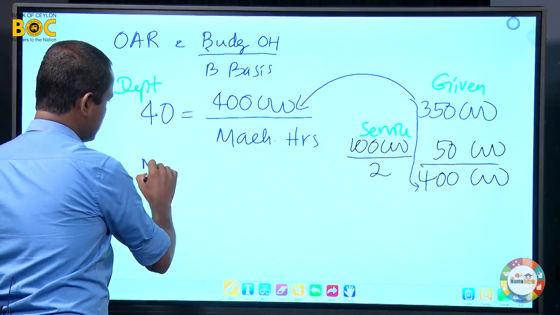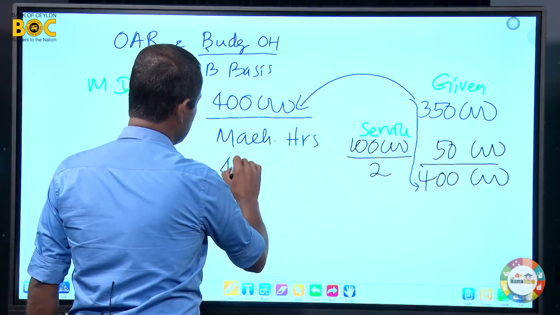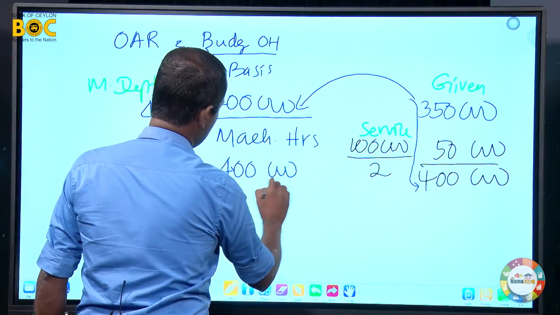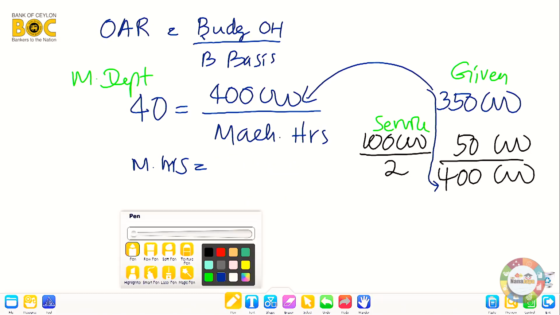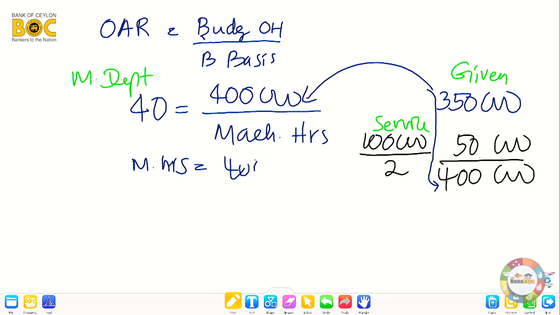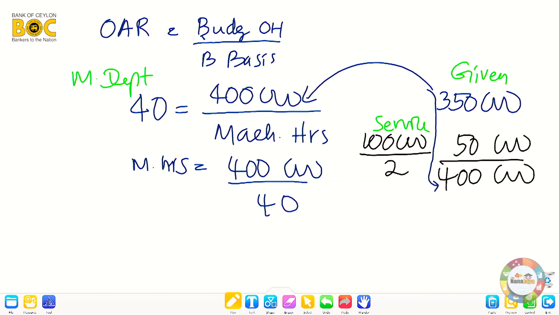Now the machine hours equal 400,000 divided by 40. That is 10,000 machine hours.